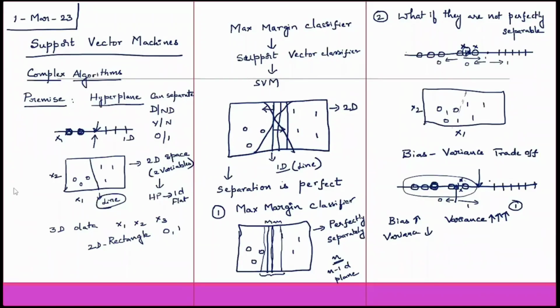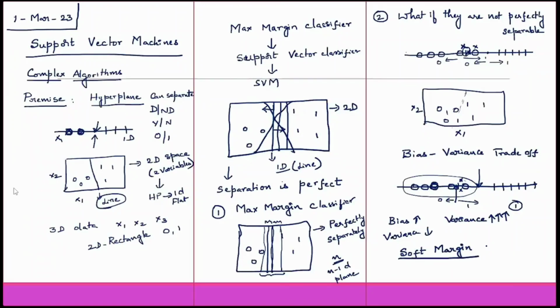But keeping all those things aside, what we are now saying is we will be introducing something called a soft margin.